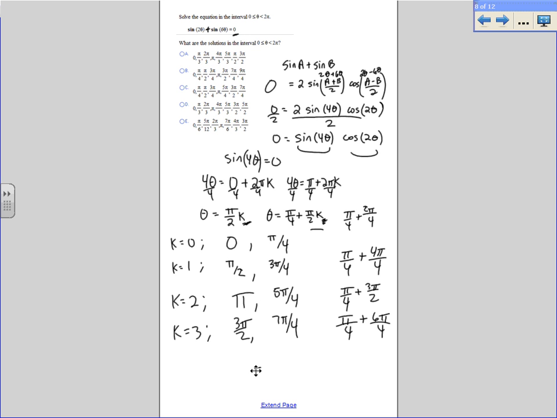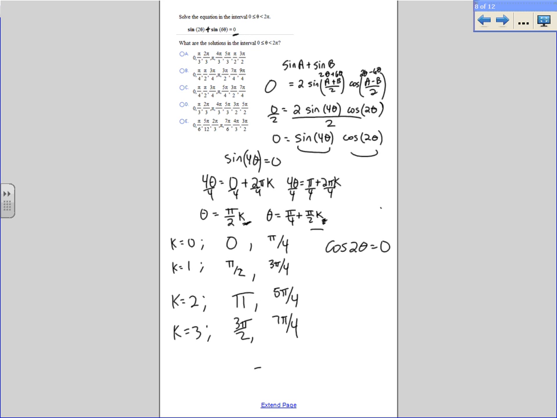Now, let's see what the second half's giving me. Okay, so that was only sine of 4 theta. Now I have to do the sine of 2 theta. Really not liking this problem. Again, this cosine 2 theta, we're going to set it equal to 0.